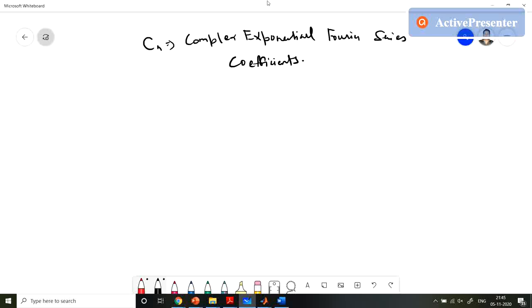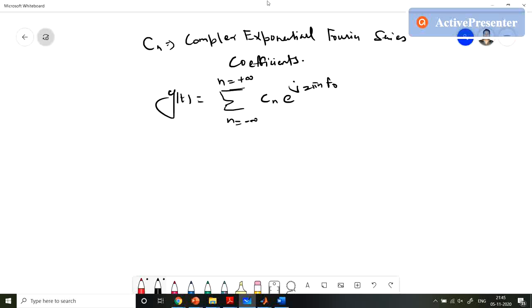Since g(t) is a periodic signal, it can be written as summation n equal to minus infinity to plus infinity Cn e raised to the power j 2 pi n f naught t.